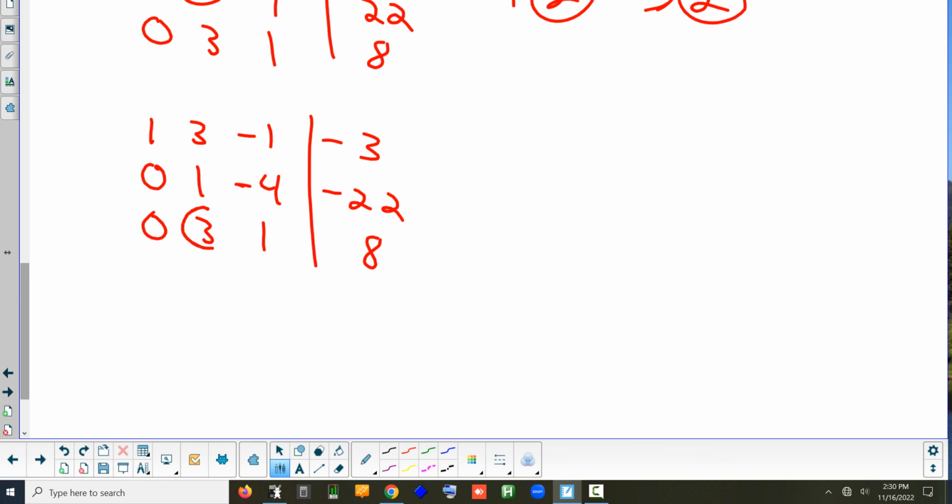Yeah, I want to get a 0 right here, and then I'm done playing with my matrix here. Now we're just going to use substitution. What would you multiply this number by, and then add it to that to make a 0? Negative 3. Negative 3 times the second row, and then add it to the third row.